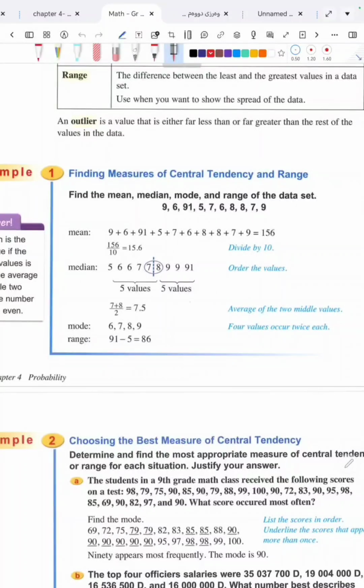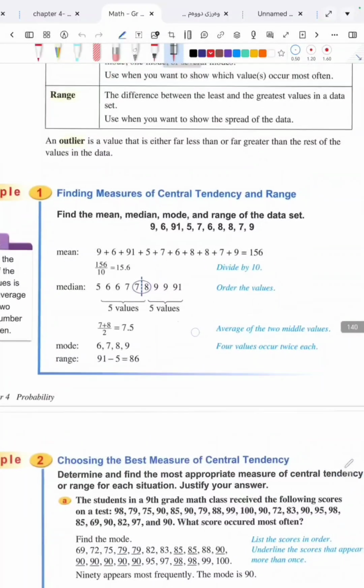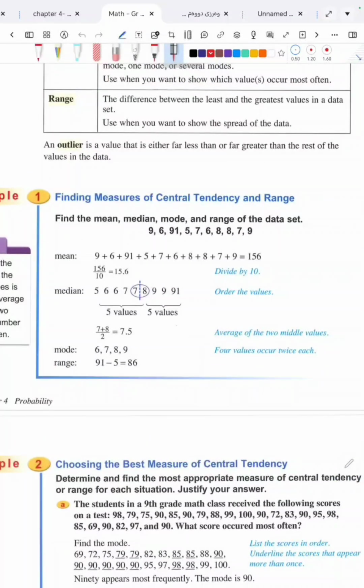For the mode, which number is repeated the most? We have some notes about the mode. If none of the data repeats, it means there is no mode. If all the data are repeated equally, again in this case we will say there is no mode. If you have more than one mode, that's okay, the data may contain more than one mode.